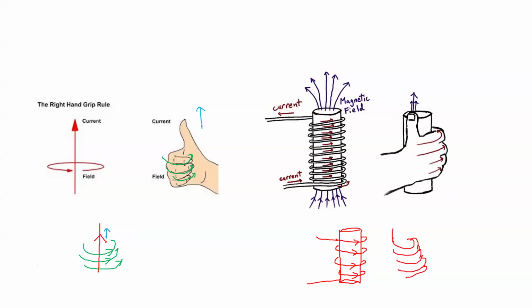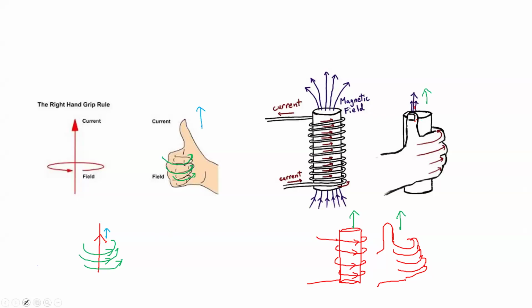Then your thumb will give you the direction of the magnetic field. You can see that the thumb is pointing upwards, so the magnetic field is upwards in this case. This is the right hand thumb rule.